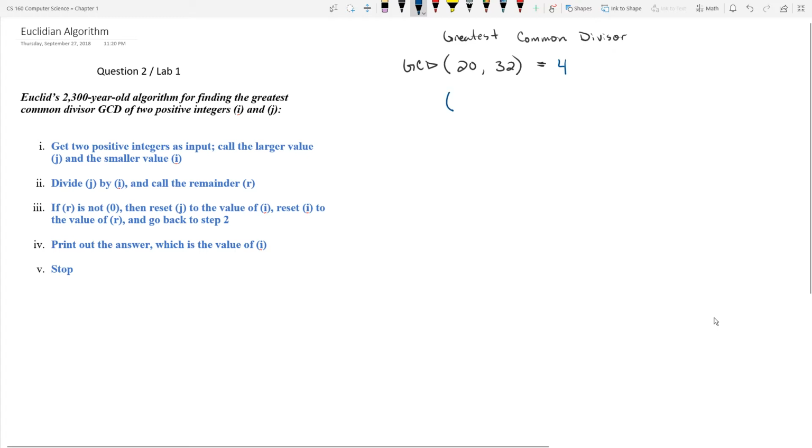You can use any variable you want. You could have used a and b, x and y. It doesn't really matter as long as the consistency in the process stays the same. So I have my smaller value set to I, and my larger value set to j.